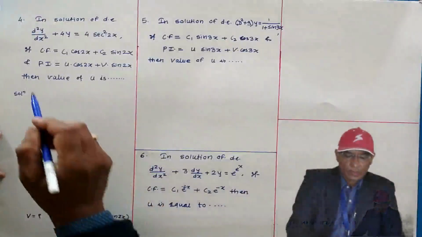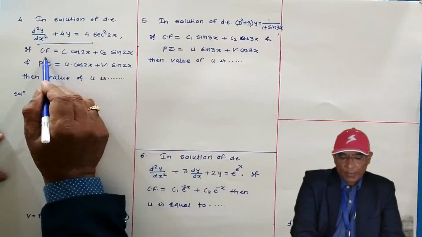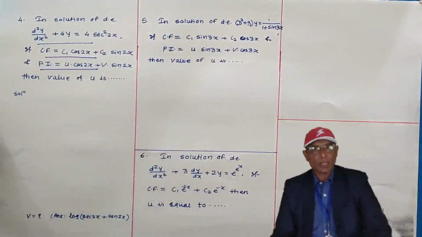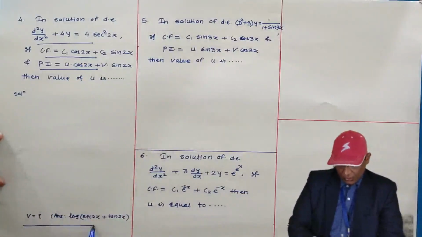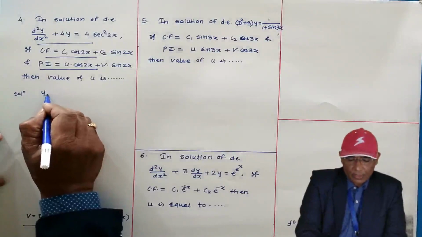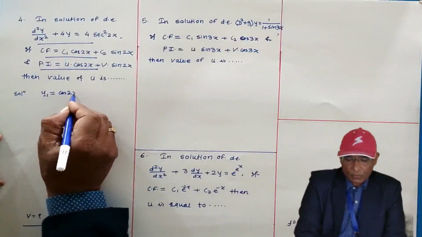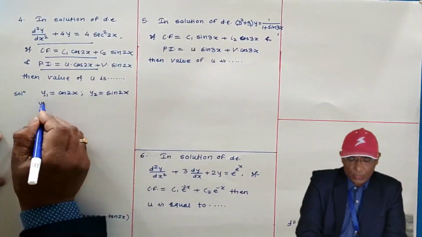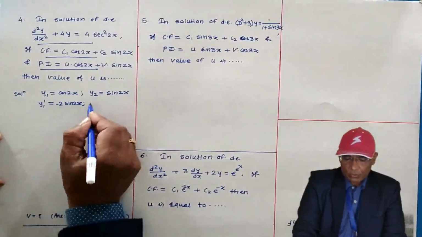Now the fourth one. In the solution of a differential equation, the complementary function is given, the particular integral is given, and the value of u is asked to find. The value of v, this you have to do as homework. As I said, write y1 as the coefficient of c1, y2 as the coefficient of c2, and find y1 dash, y2 dash, because these values are required in w.